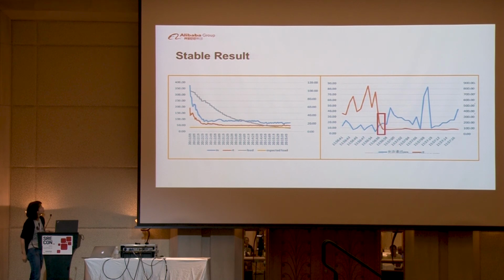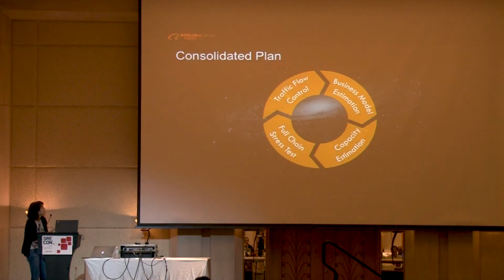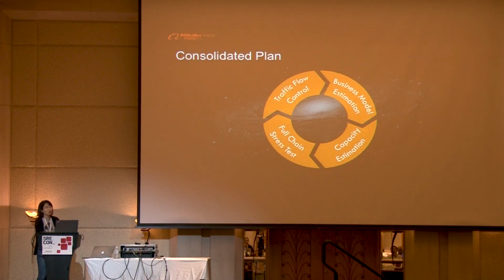So that's all about our flow control. We have talked about traffic flow control, the principle of the flow control and the framework of the flow control, and when to take action and when to recover.